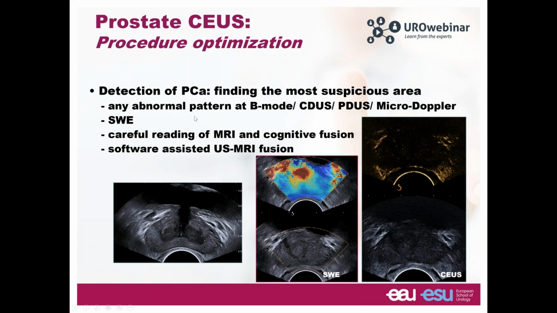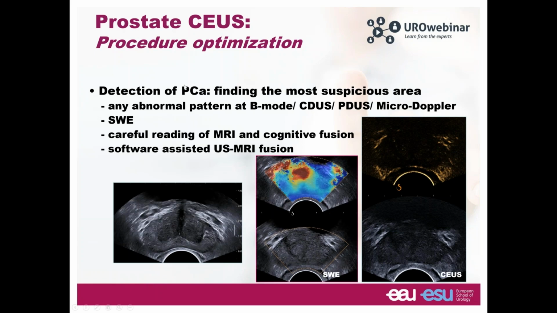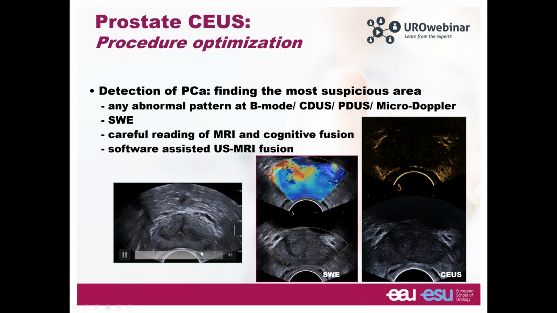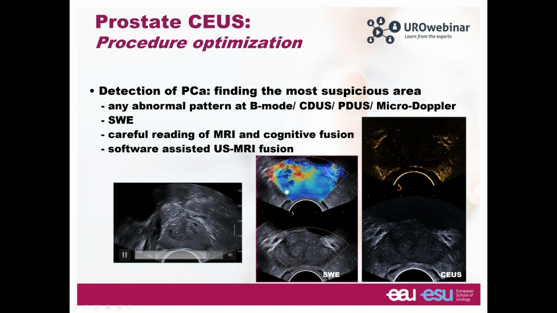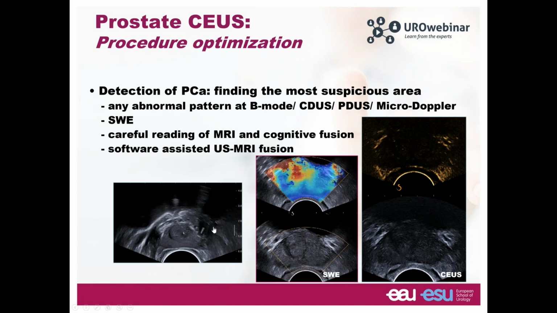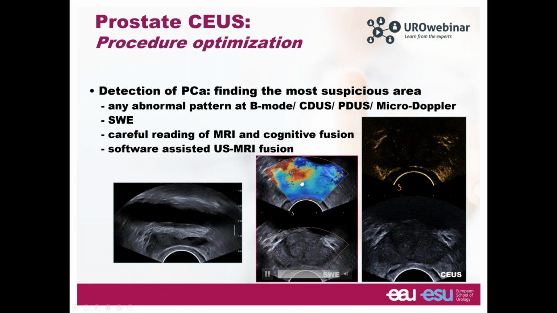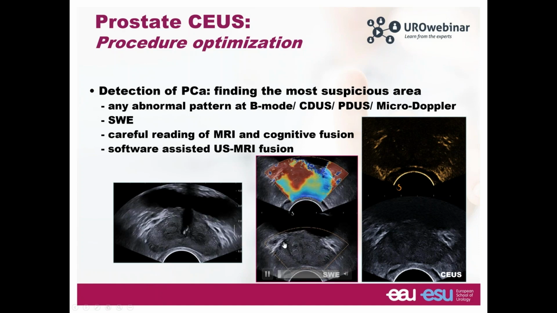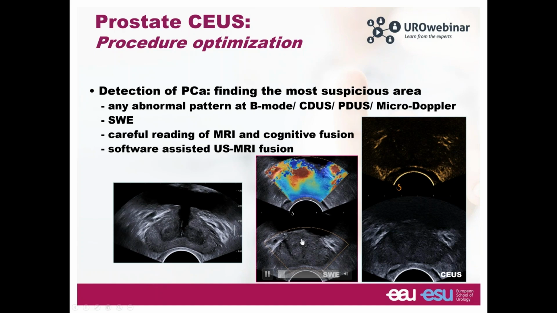As you can see in this patient, the pacemaker that made the MR examination impossible. So this is a totally normal B mode imaging. And as soon as we started at the base, you see that there's a very steep abnormal area, and look at the corresponding B mode. There's absolutely no abnormality.